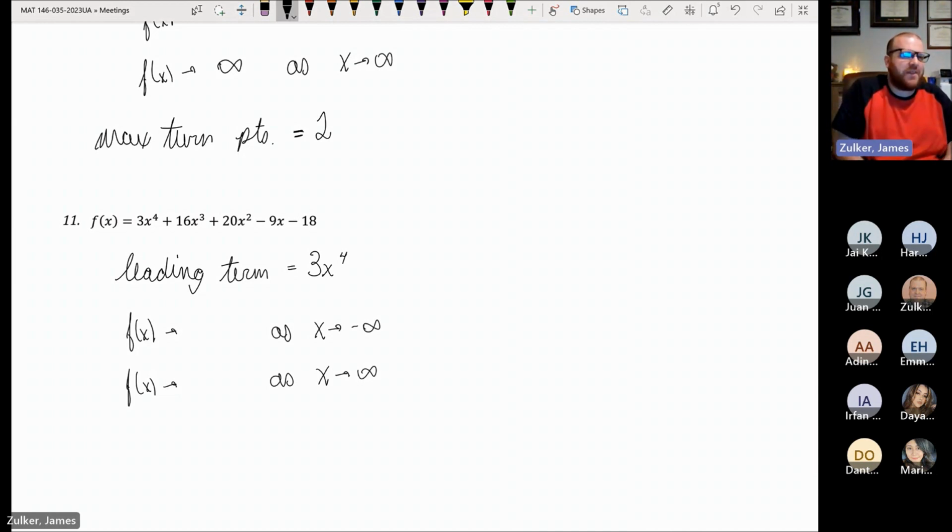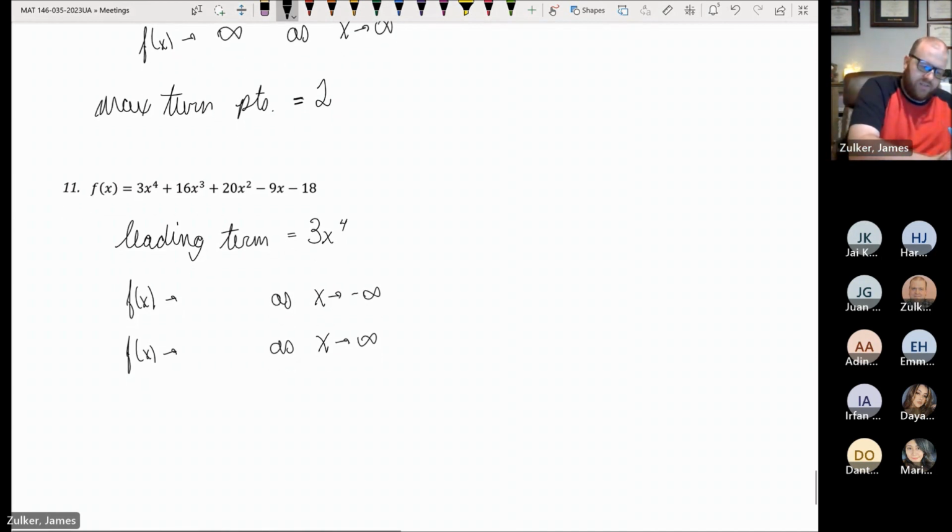How is our function behaving? What about as x goes to positive infinity? So it'd be like that.